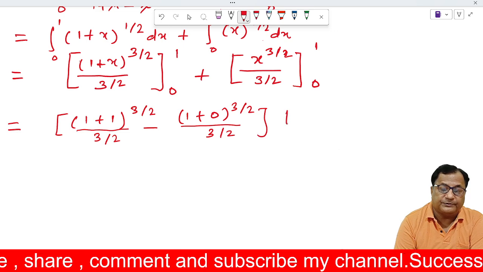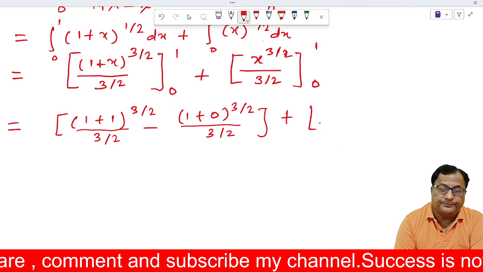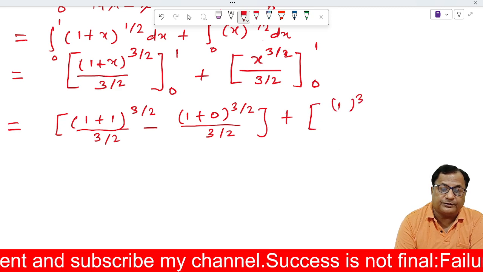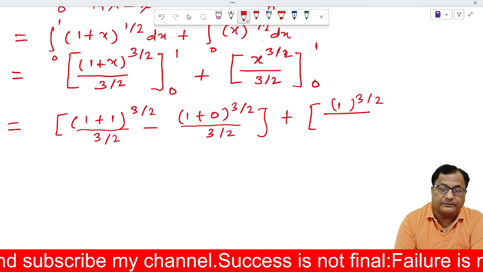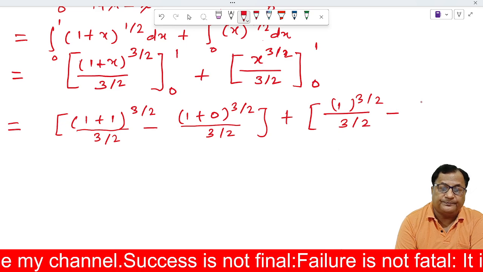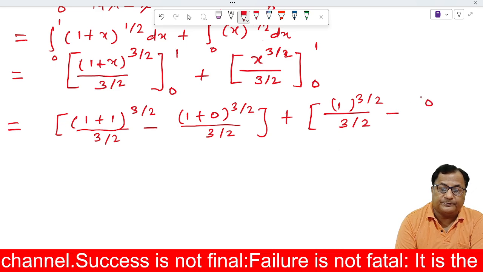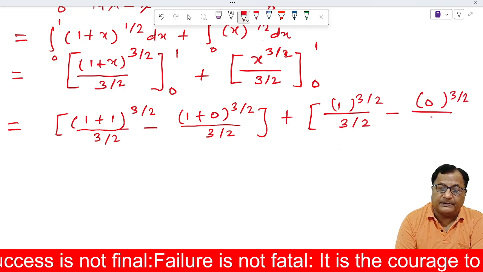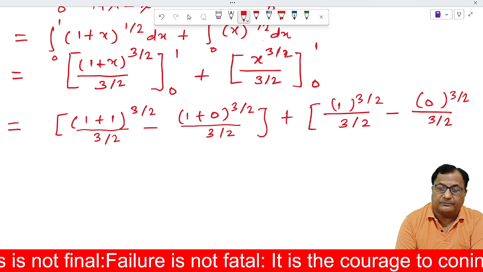Here also we'll put 1: 1 to the power 3/2 divided by 3/2, minus 0 to the power 3/2 divided by 3/2.